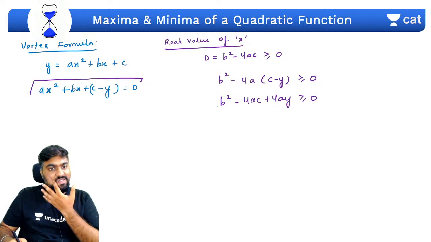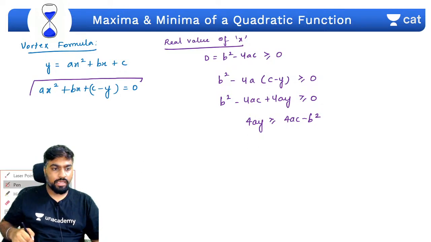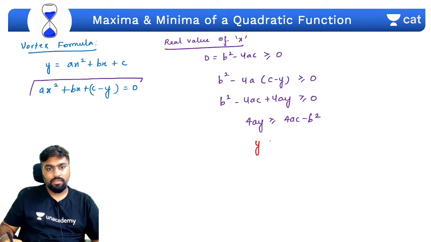So since you just subtract b square minus 4ac on both sides, or add 4ac minus b square on both sides, what do you get? 4ay is greater than or equal to 4ac minus b square. Correct? Or what do you get? You get y should be greater than or equal to 4ac minus b square by 4a.